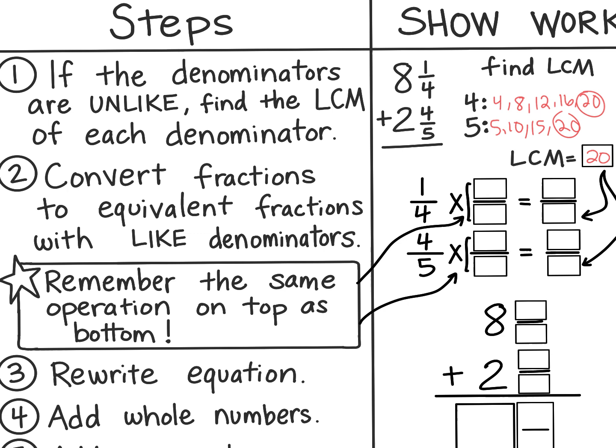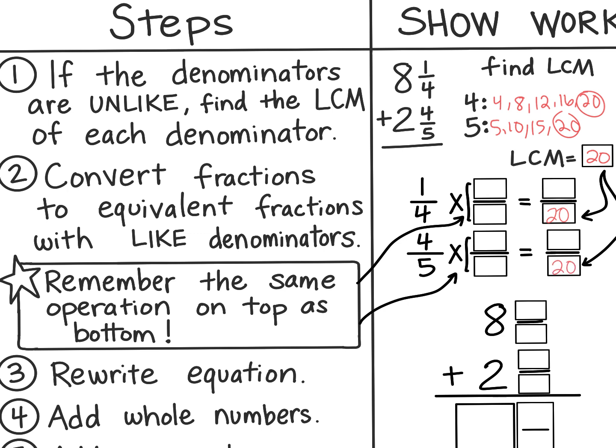So I'm going to move that over to, this is like box 3 if I was doing 4-square method. So in box 3 is where I rewrite my fractions. So looking at my steps, it says, step 2, convert the fractions to equivalent fractions with like denominators. So the number I'm using as my like denominator is what? 20.